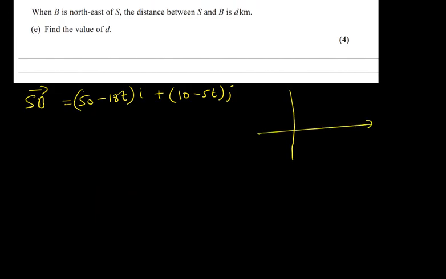So any point along this line, i will always be equal to j, and therefore what you're supposed to do is to equate the i component to the j component and find the value of t for which B will be in the northeast of S. So that's what you're going to have: 50 minus 18t should be equal to 10 minus 5t.